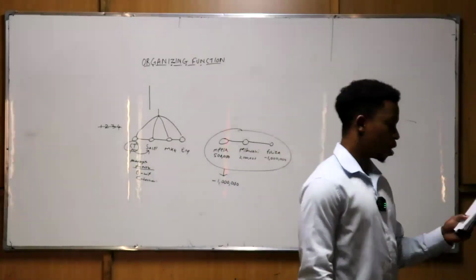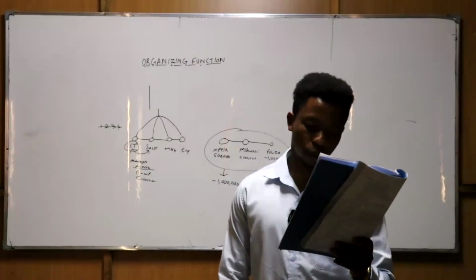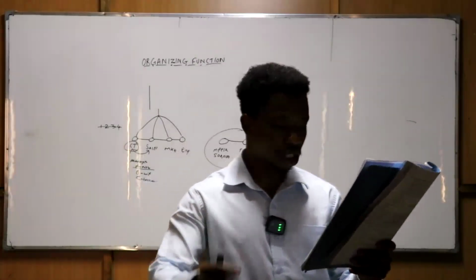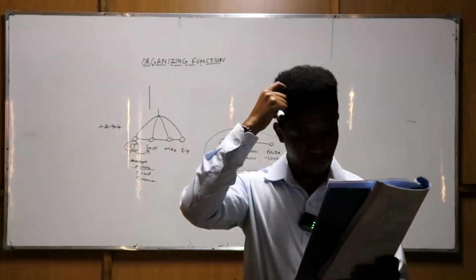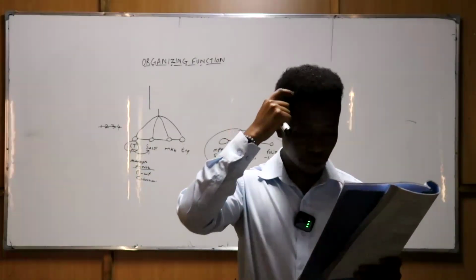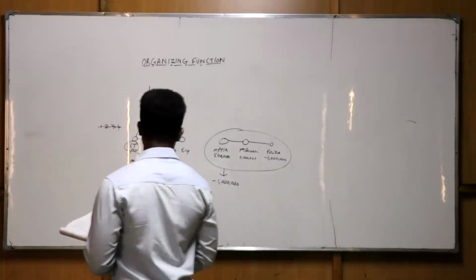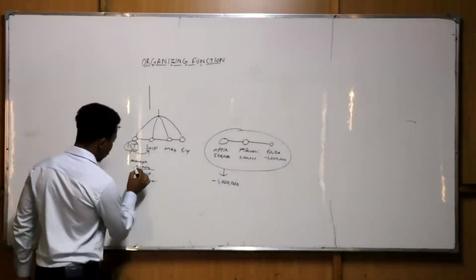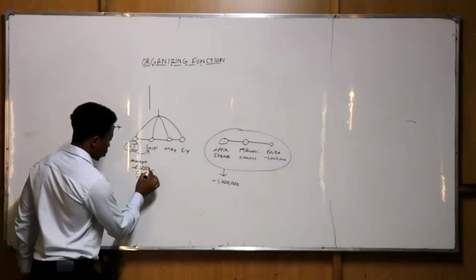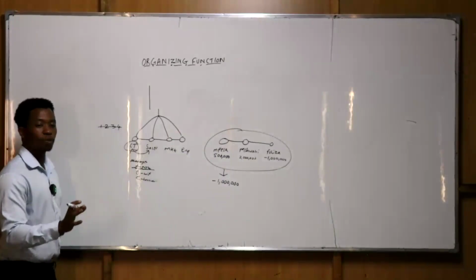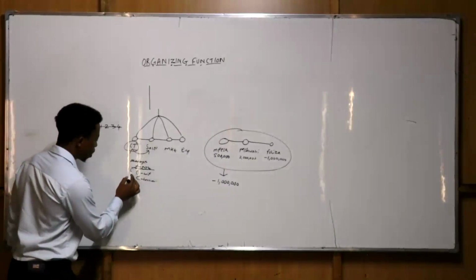Then we have principle of parity of authority and responsibility. The responsibility should bear a logical relationship with authority delegated. So if at all you need this person A to give you results for the whole department, then you have to delegate responsibility ya everyone.